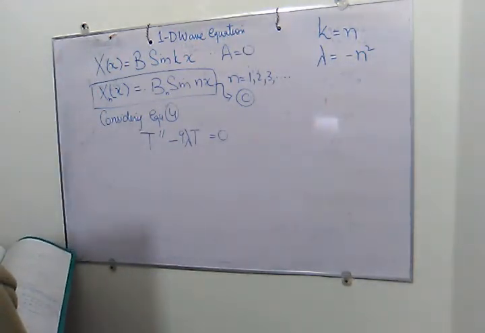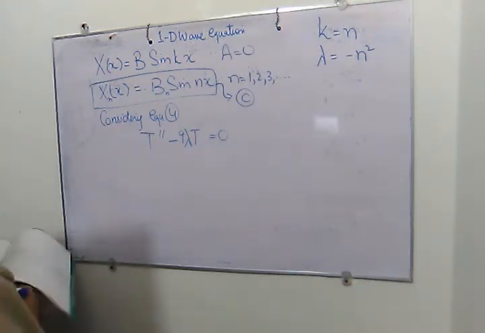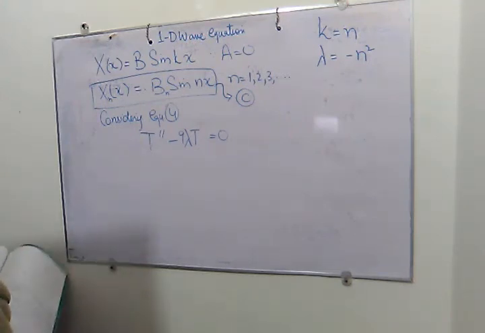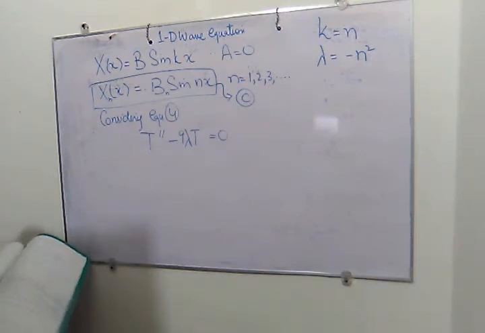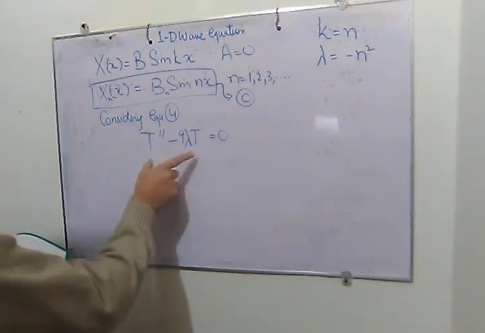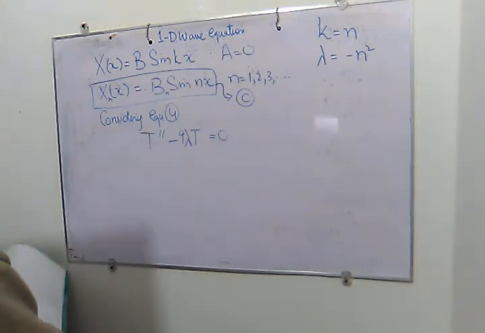So we have no problem writing the solution for this equation, and since the non-trivial solution exists for the x equation, equation number 3, for lambda less than 0 or lambda is equal to minus k square, therefore we are not going to find all three cases of lambda for this equation, and we write the solution for lambda less than 0.